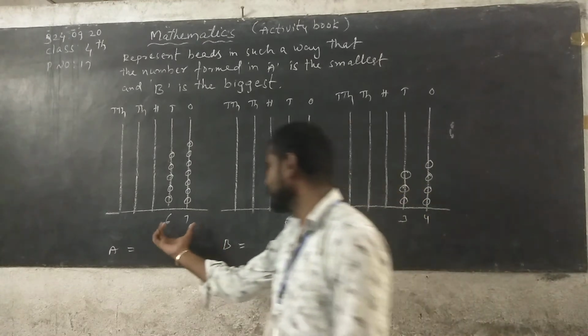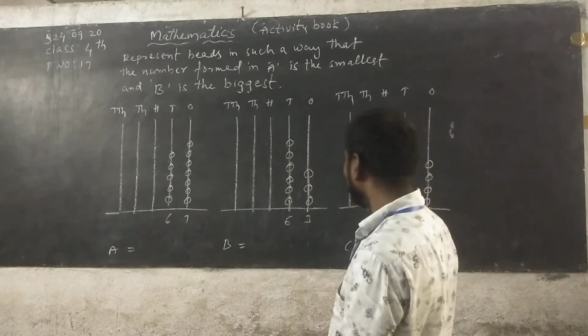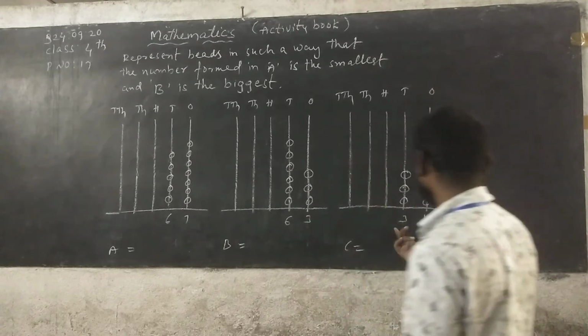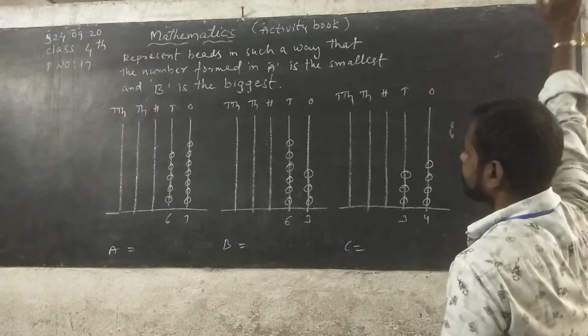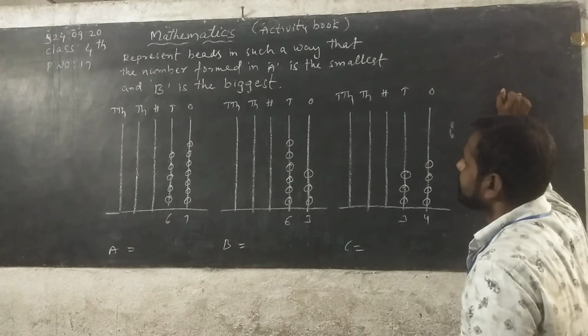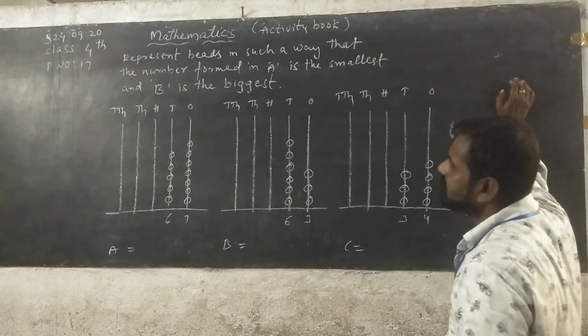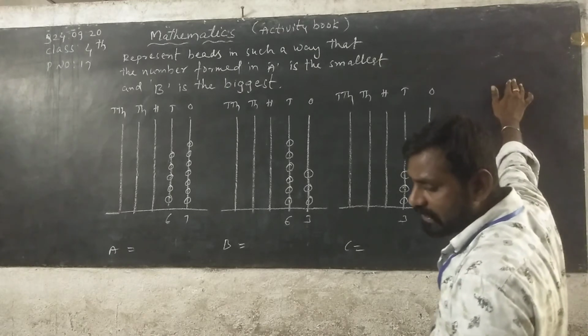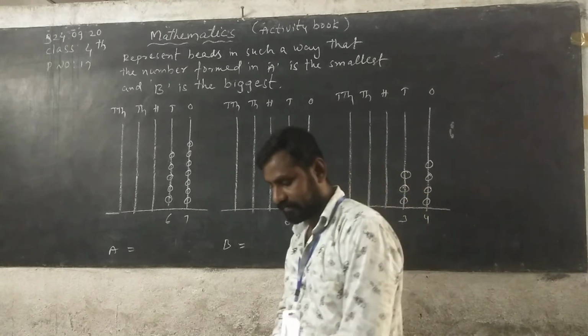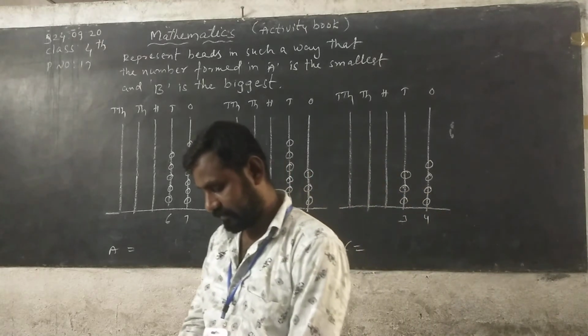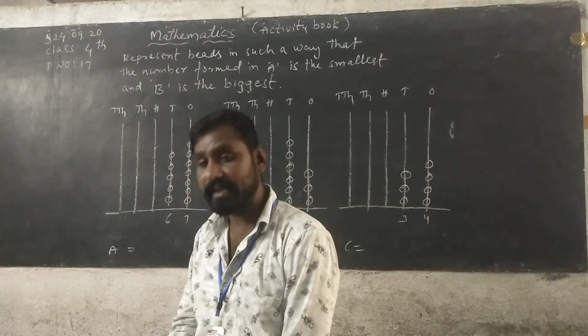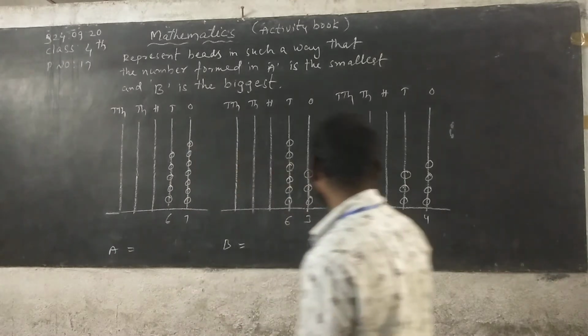See, A 67, B 63, C 35. Here A is the smallest and B is the biggest. A is the smallest, B is the biggest.